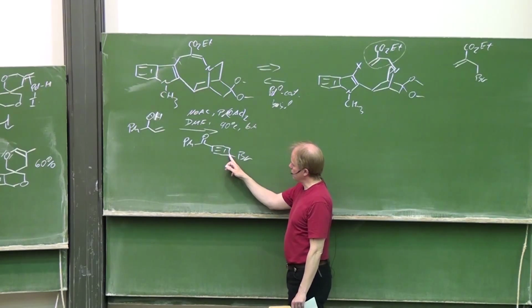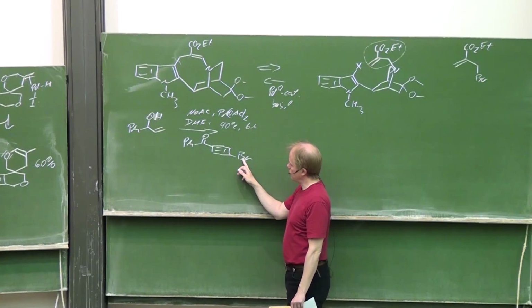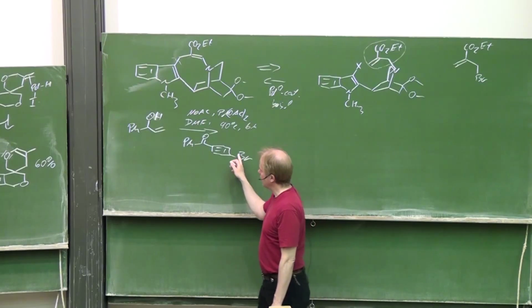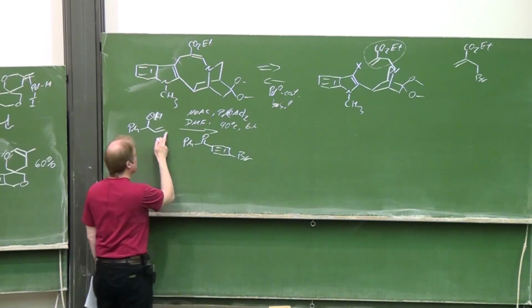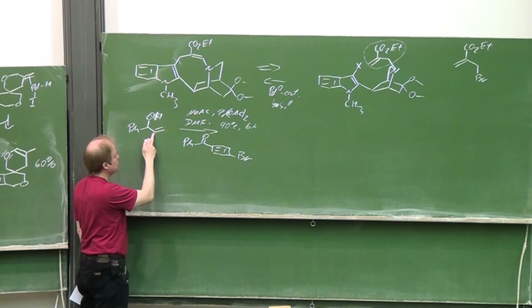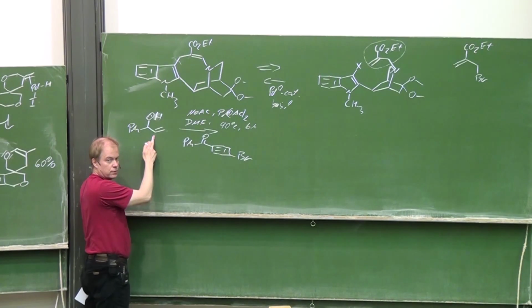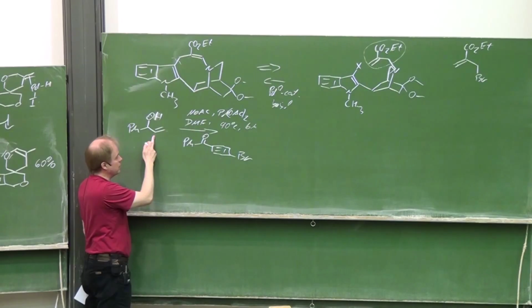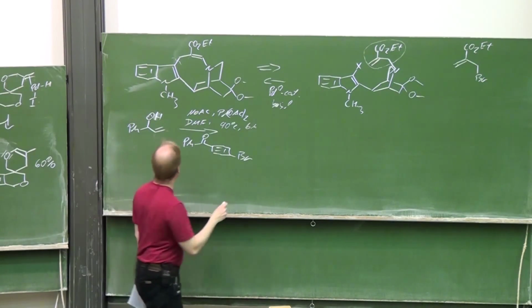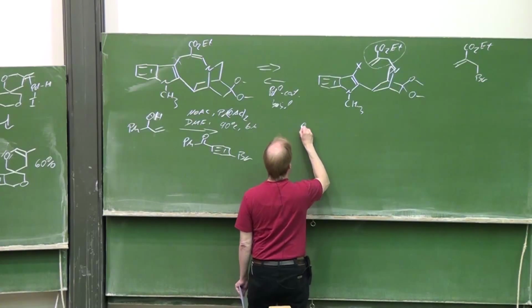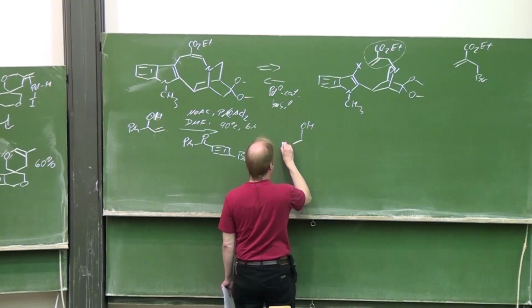Oxidative addition to the carbon bromide bond, carbopalladation at this double bond, then the palladium has the choice for the beta hydride elimination to this or to the other position. Let's draw this situation.